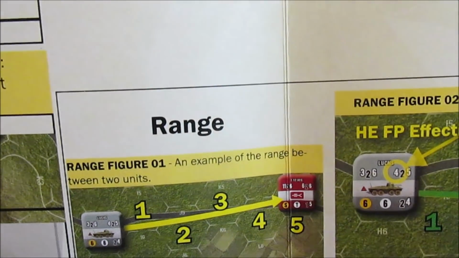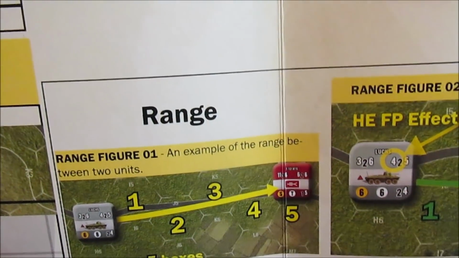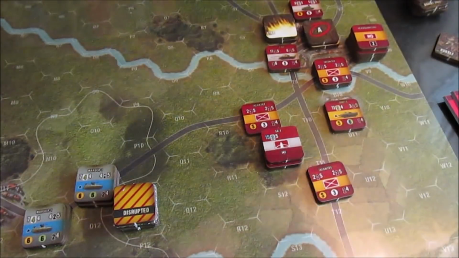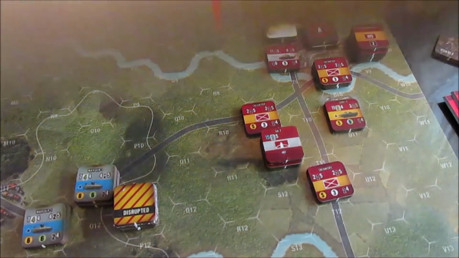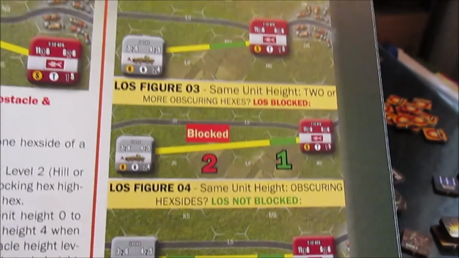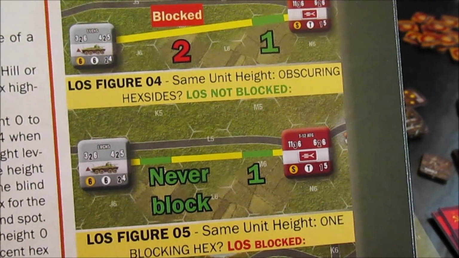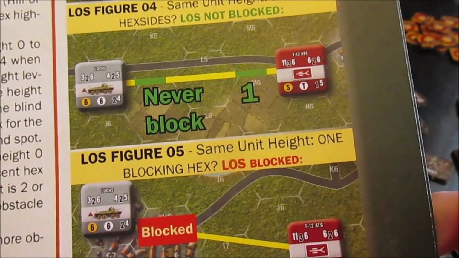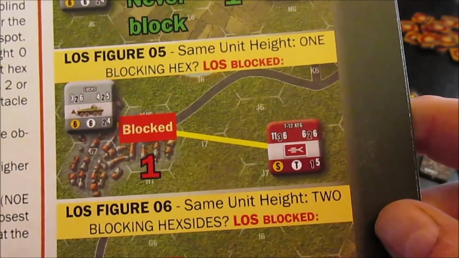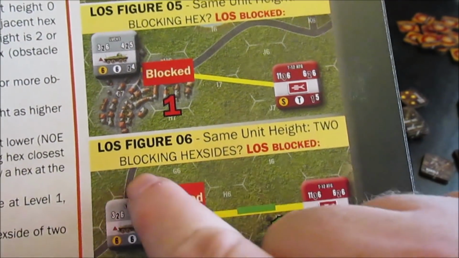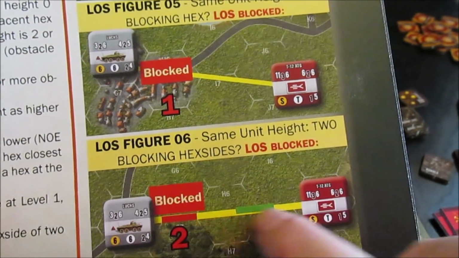Again, more great charts for checking the line of sight. So, all right, let's take a look. Obscuring, one blocking hex. Okay, same unit height, 2 blocking hexes along the hex side is blocked.